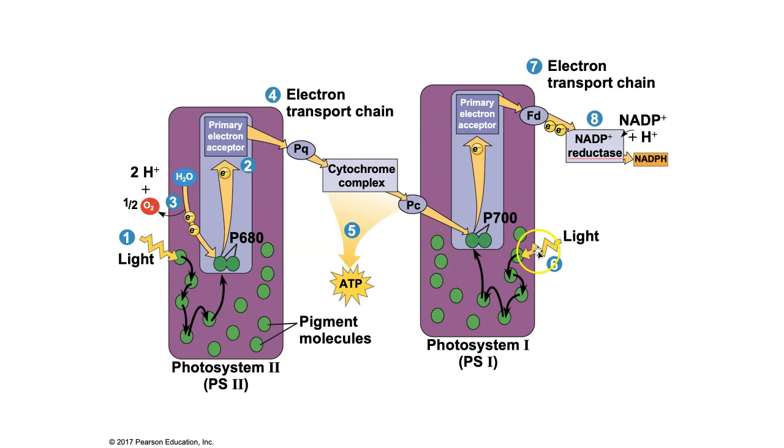So the photon struck, excited the electron, kicked it up to the primary electron acceptor, and once again we have the electron that gets passed to a protein called ferredoxin, and then finally ferredoxin passes it to NADP plus reductase. So reductase is an enzyme that reduces, so reducing means to gain electrons, so this enzyme is going to allow NADP plus to be reduced.